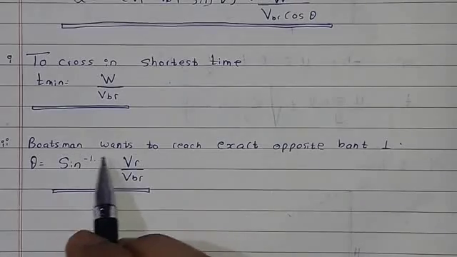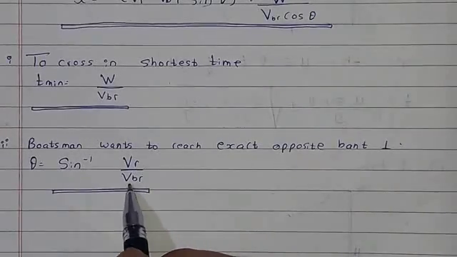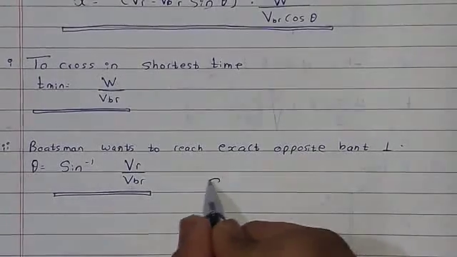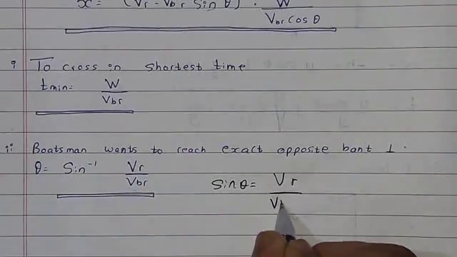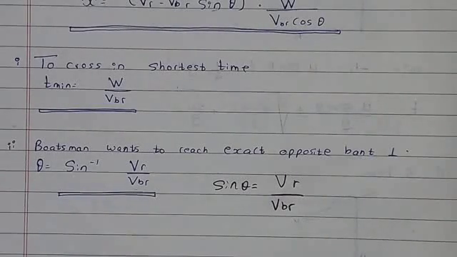Then what would be the theta? Theta minimum is sine inverse of VR upon VBR, velocity of river upon velocity of boat with respect to river. That means sine theta equals VR upon VBR. So guys, this is the value of theta for which the boatsman would reach the exact opposite point.